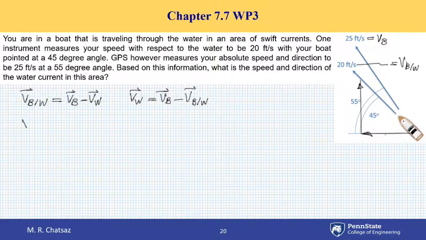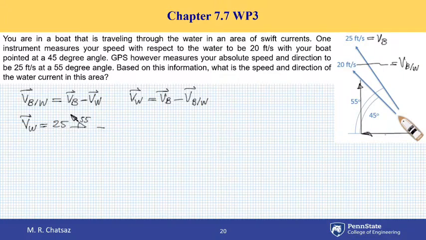So let's say velocity vector for water equals, I know magnitude of VB to be 25, and I know the direction of it is left and up with an angle of 55 degrees.